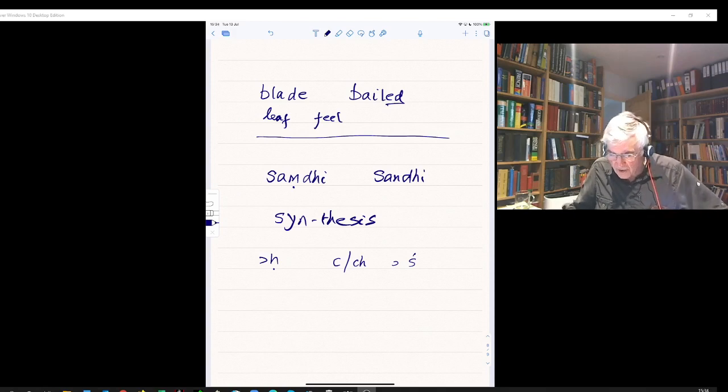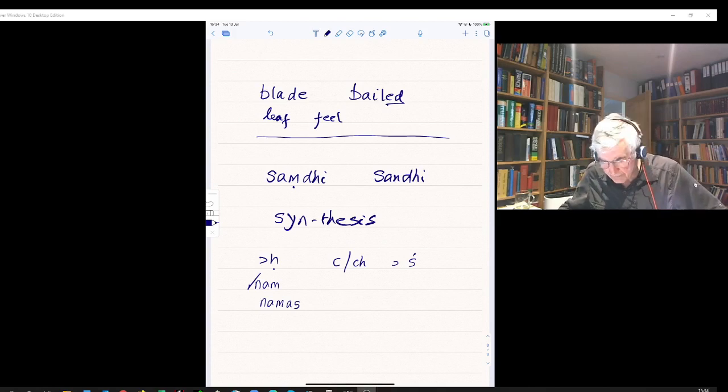Let me give you another example. The root nam, this is one that you know. The root nam means to bow. It makes a verbal noun, in raw form, as the stem form actually is namas.